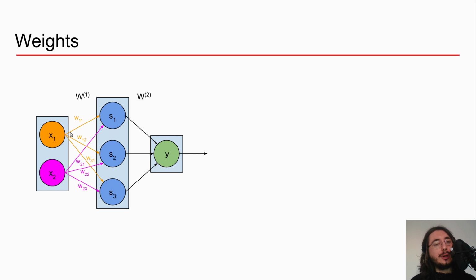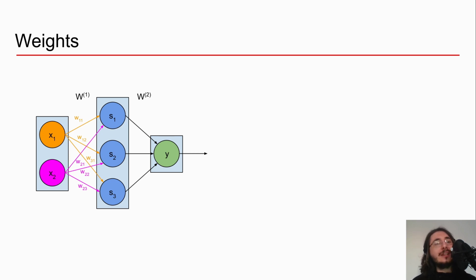And as you can see here, we can indicate these connections, these weights, using lowercase w11, lowercase w12, and so on and so forth. But how do we conveniently represent all of this information, all of these weights?